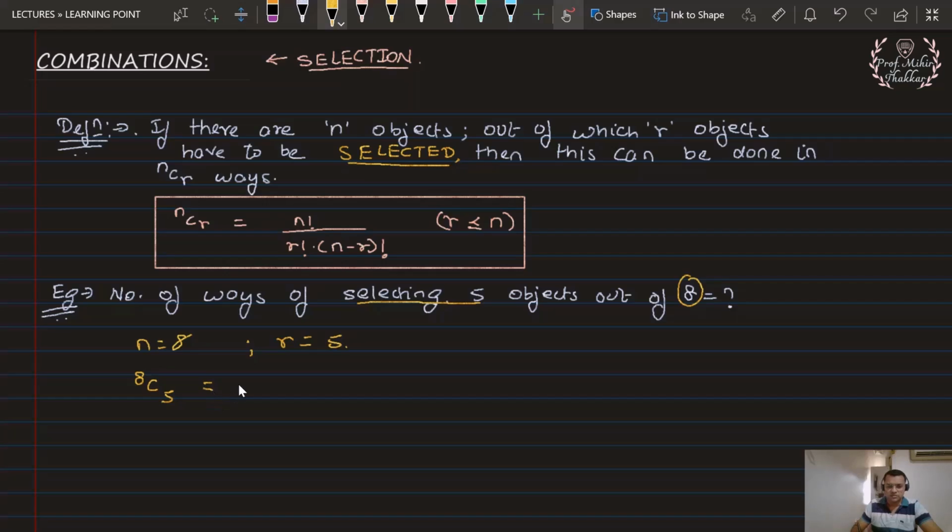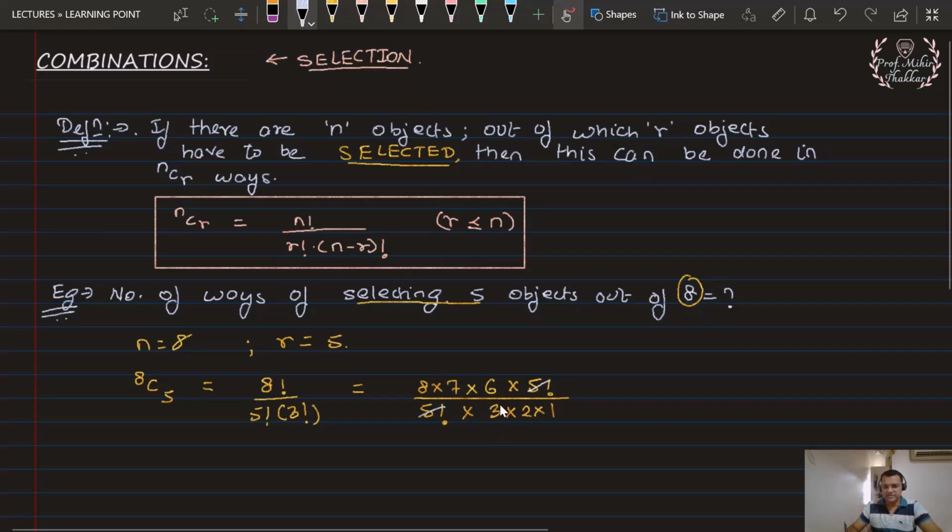8C5. So this becomes 8 factorial upon 5 factorial and 8 minus 5, which is equal to 3 factorial. So 8 factorial upon 5 factorial can be simplified by writing it as 8 into 7 into 6 into 5 factorial, divided by 5 factorial into 3 factorial, which is 3 into 2 into 1.